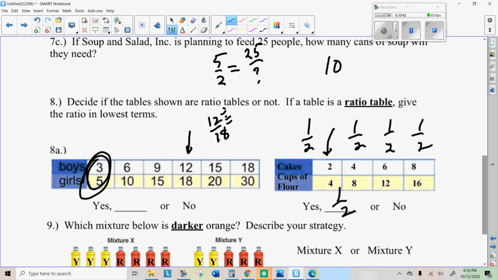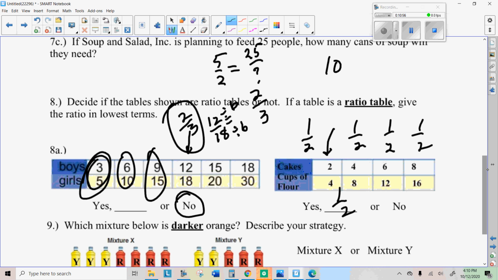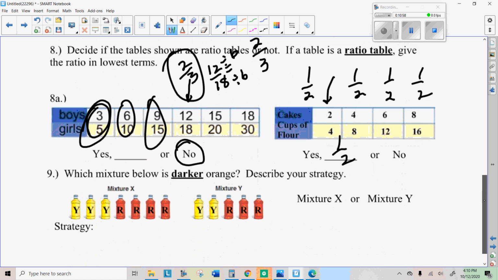So let's divide those by 6. And that gives us 2/3. So we're going to say no because this ratio is not the same as these ratios. So it's not considered a ratio table.